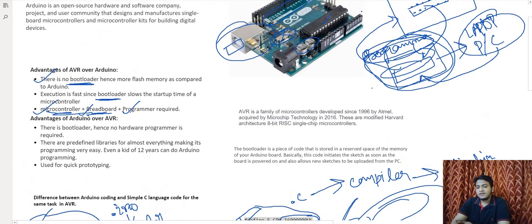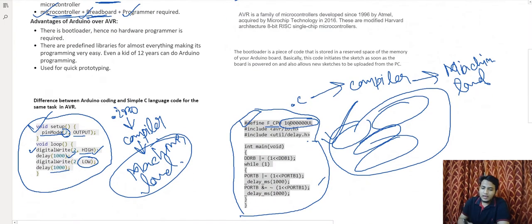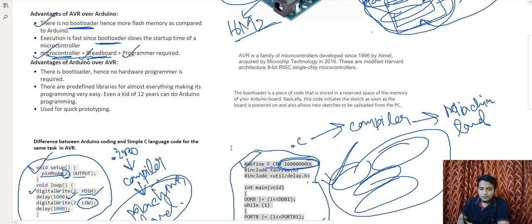It has different speeds. It is of 16 megahertz, okay. And we have to specify the speed that we are going to use, okay. Maybe I told you 1600, but it is not 1600, it is 16 megahertz, okay, megahertz.